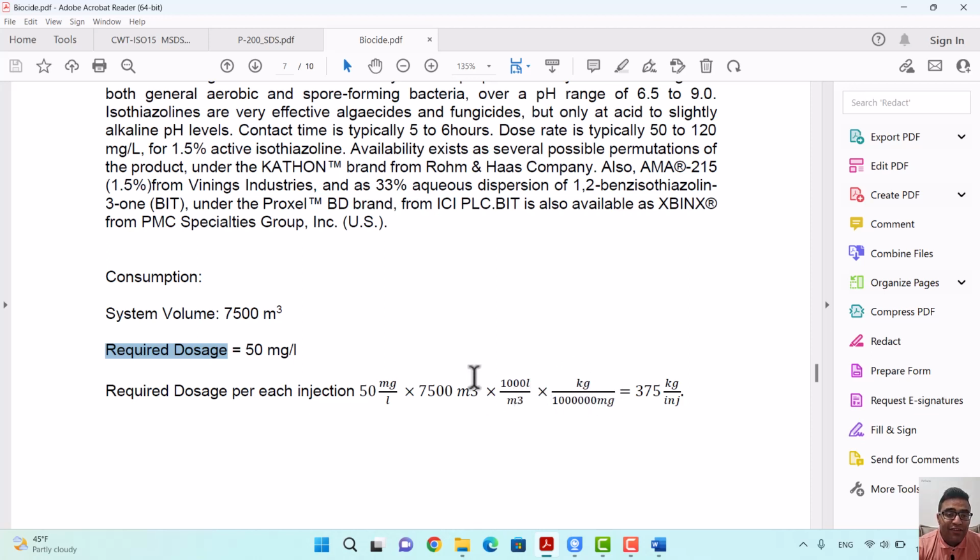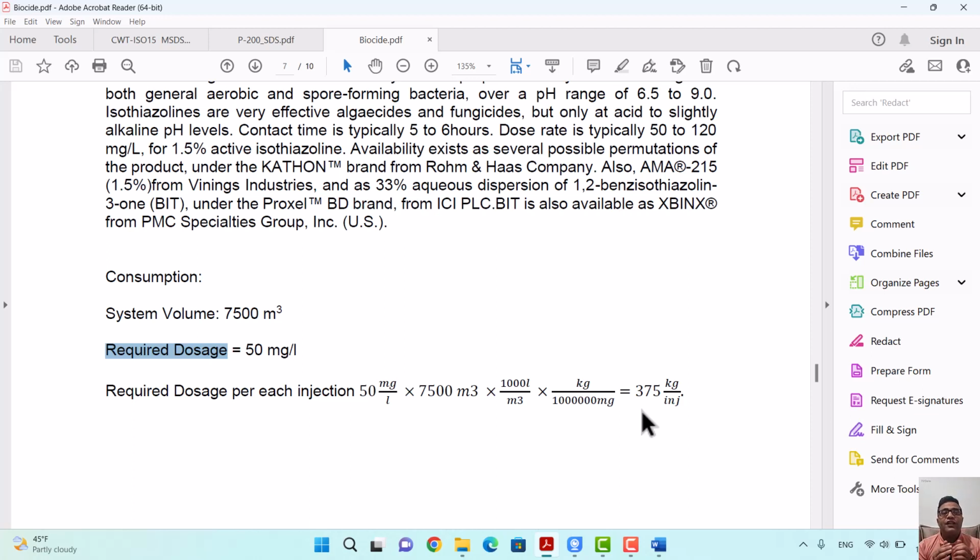I can cancel this liter per liter and this milligram by this milligram, and at the end I will have kilograms. If I do this simple calculation, I get approximately 400 kilograms per each injection.